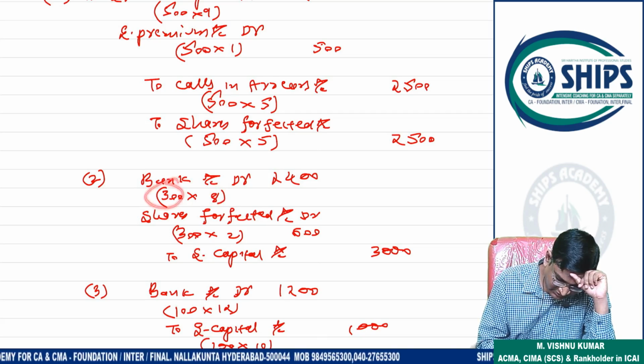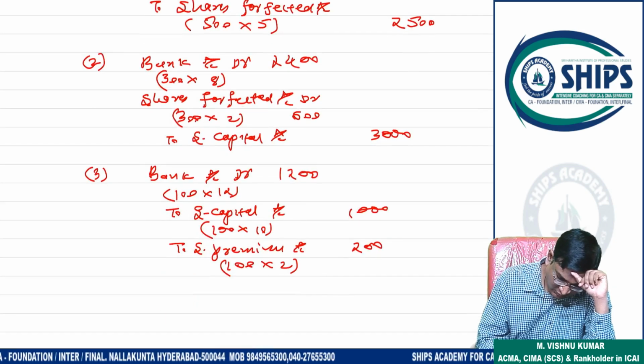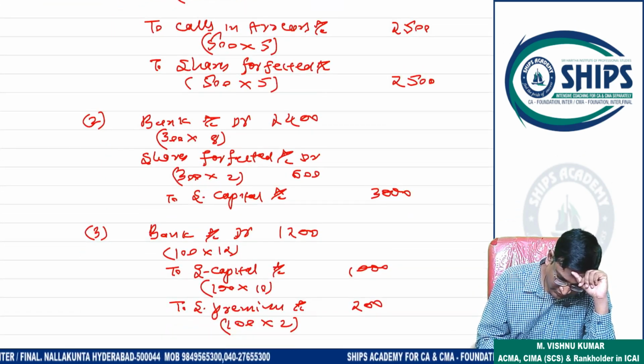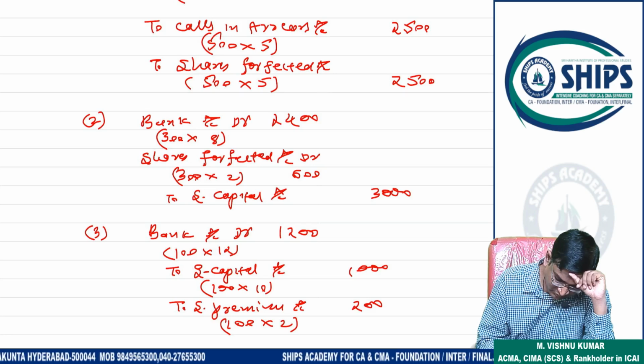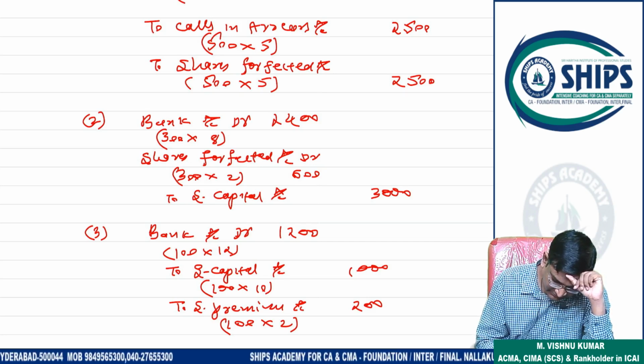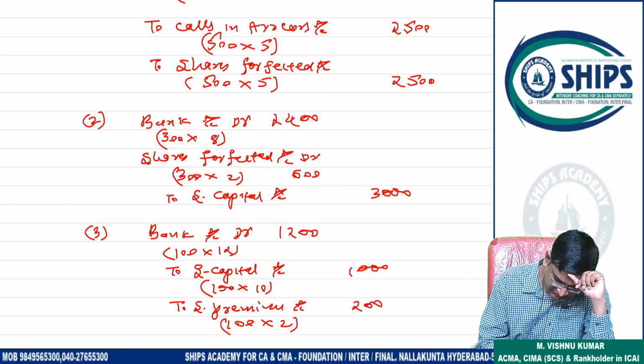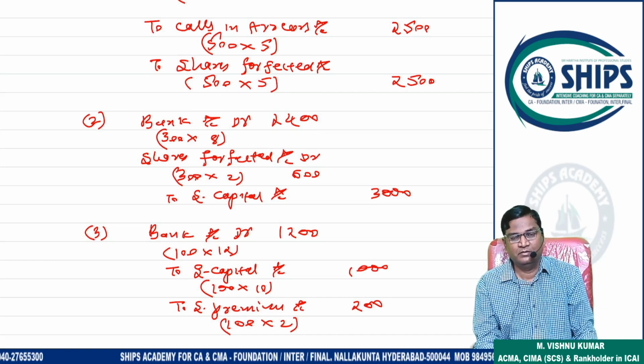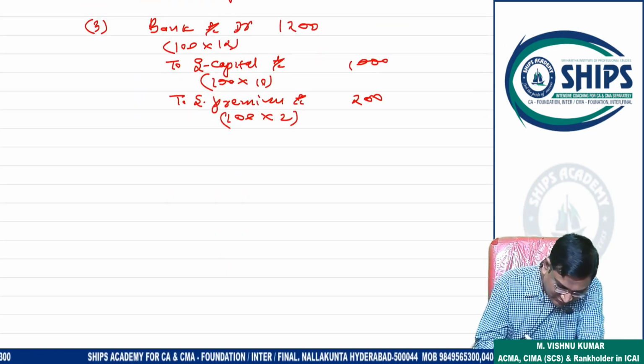So on 300 shares, 3 gain. 300 into 3, 900 is the gain. On 100 shares, before reissue 5 received. On reissue 12 received, but in this 12, 2 rupees is premium. So premium is not considered, 10 only. So 10 plus 5, 15. 15 minus 10, so 5 rupees gain.